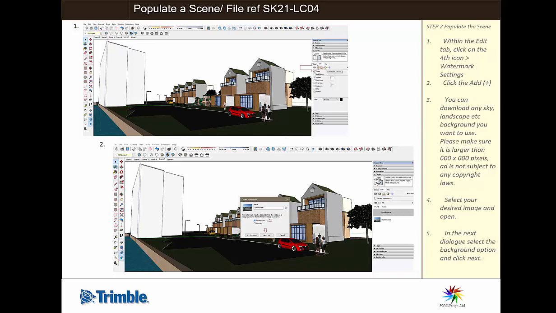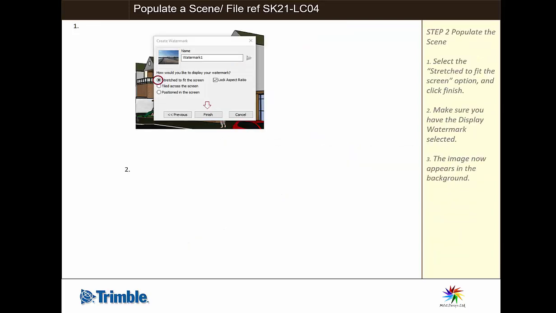Now what we've tried to do is get an image that's close to the scene itself. So we have the river, we have houses in the background, and this is what really gives it a real-time view of how the site will look. Once we've brought the image in, we have a dialog box.